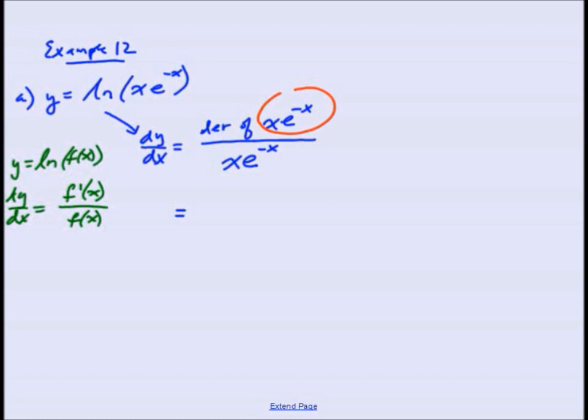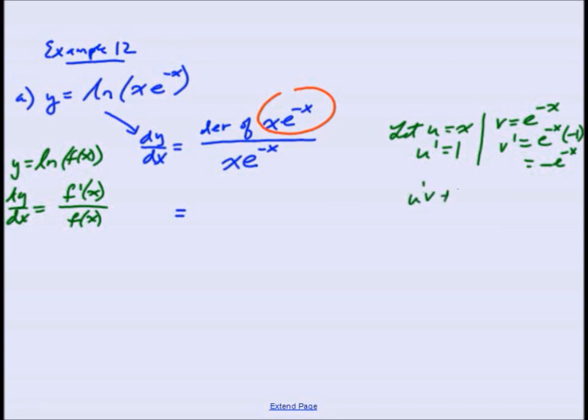Okay, so with the product rule, let u equal x, so u dash is 1, v equals e to the negative x, so v dash equals e to the negative x times negative 1, so negative e to the negative x. All right, and then we're going to say u dash v plus u v dash, and I'm just going to fill that in here in our numerator instead of continuing it down here.